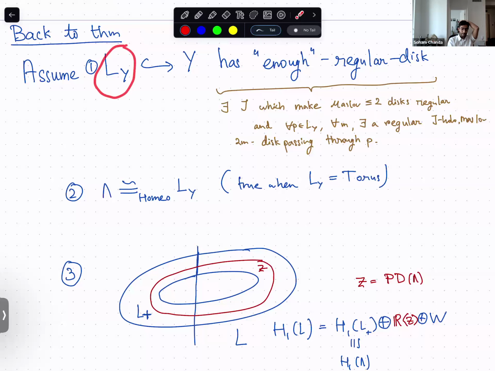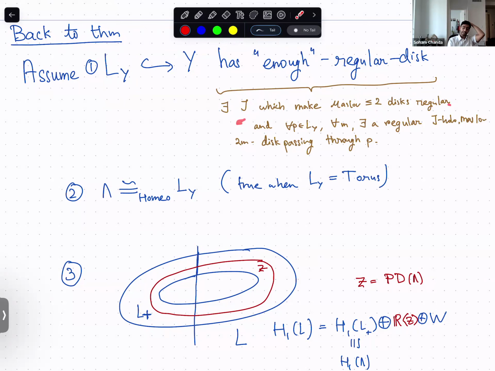I want this L y to have enough regular disks. This is quite essential for my proof strategy, but maybe this can be improved later. By enough regular disks, I mean that there is a J which makes any Maslov 2 and lower disks regular. So there are no negative Maslov disks, and Maslov 2 disks are regular.